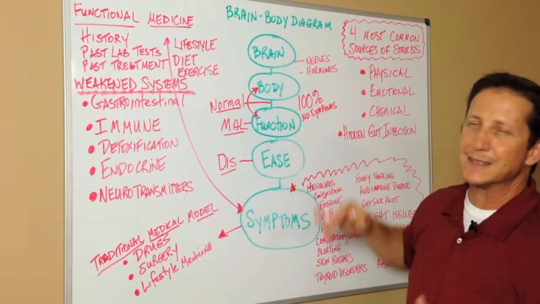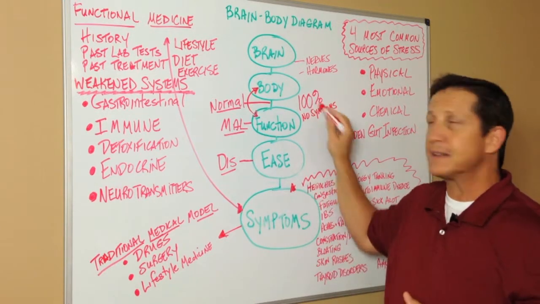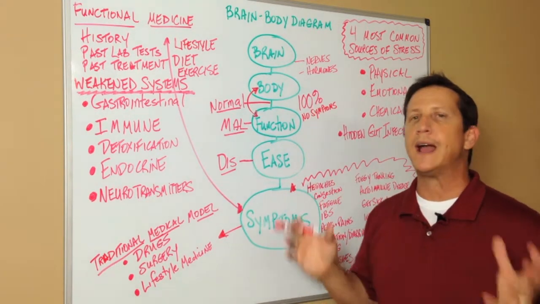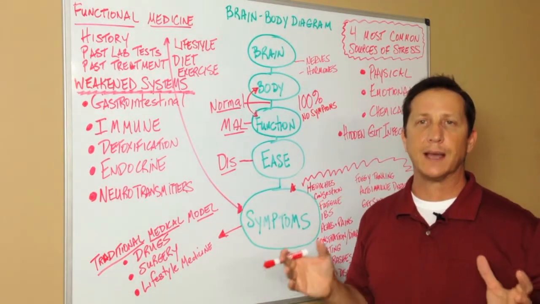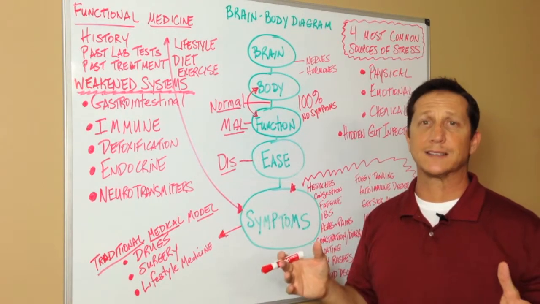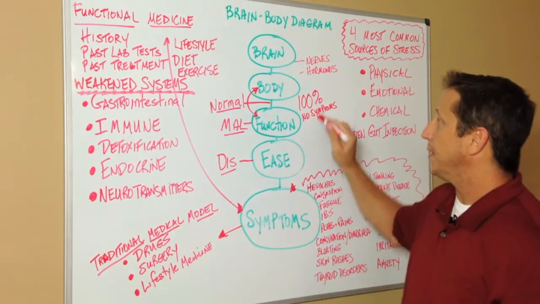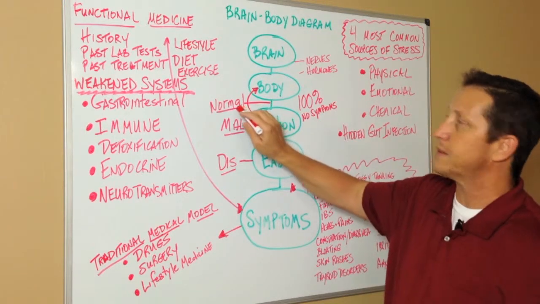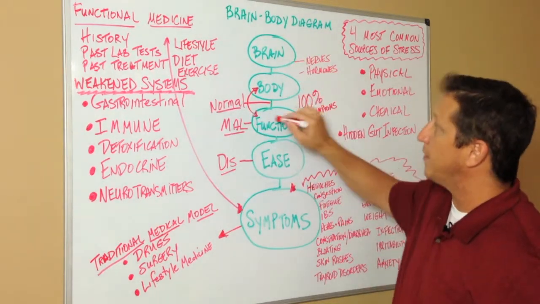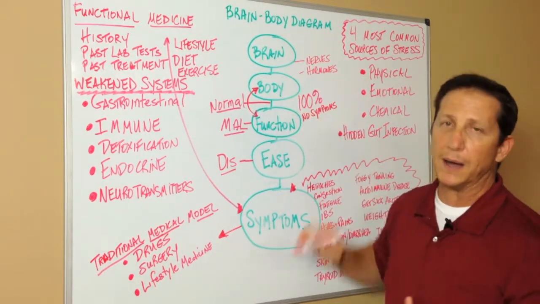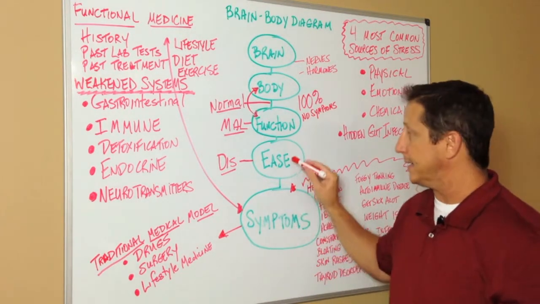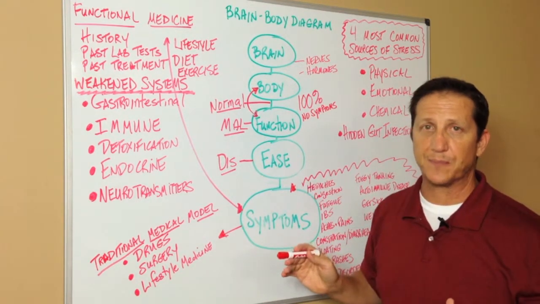So when that happens, and it happens well, it happens at 100%. You wouldn't have any symptoms to speak of at that point, especially no chronic symptoms, right? So that happens at 100%. We consider that normal. So it's a normal function between the brain and the body, and the body is in a state of ease.